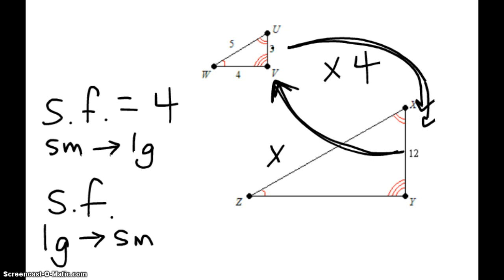So instead of divide by 4, we know that dividing by 4 is the same thing as multiplying by the reciprocal, or 1/4. Remember that from dividing fractions. Dividing is the same thing as multiplying by the reciprocal. So the scale factor from large to small is 1/4.